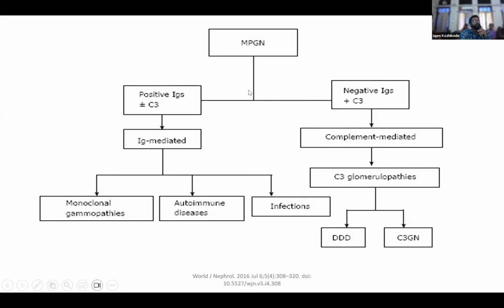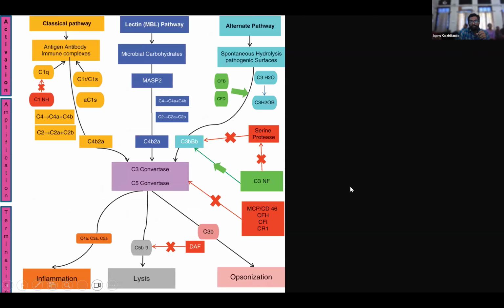If the IF pattern is only complements, then most likely you are dealing with some problem in your complement pathway. That may be related to various mutations in the complement pathway that produce inappropriate activation of the alternate pathway. We have already discussed this: the classical pathway will have complement and immunoglobulins, the alternate pathway will have only complements.